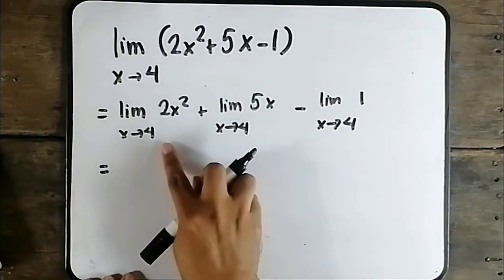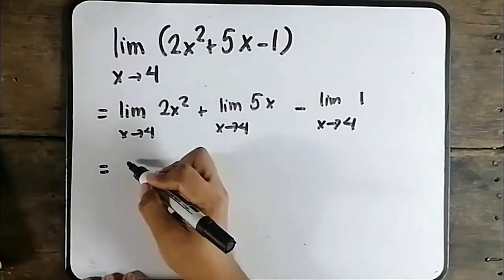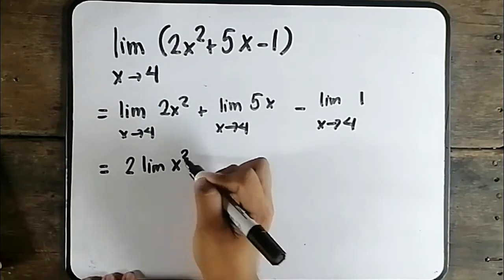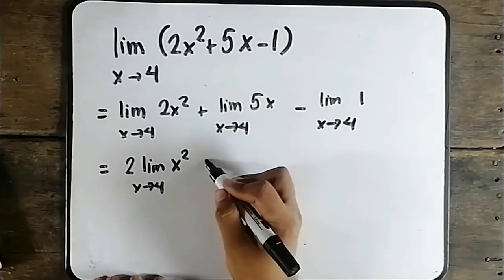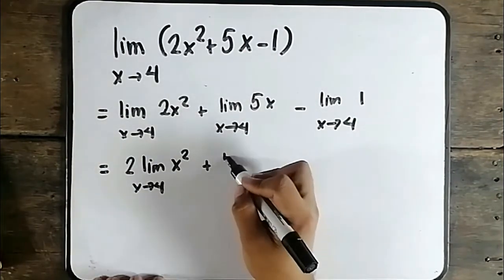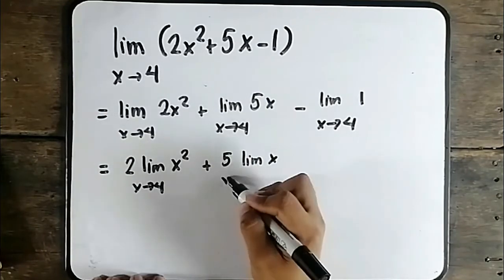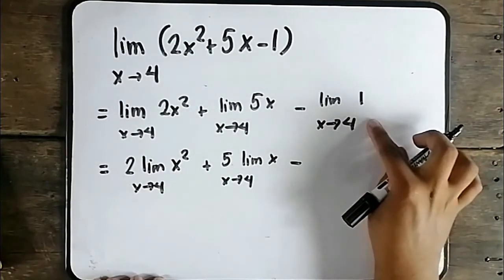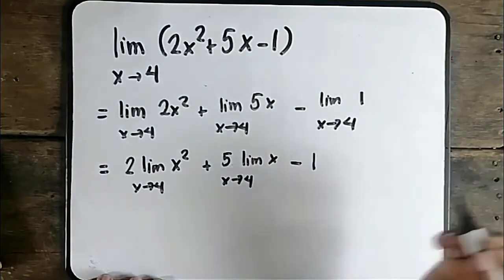So ito, by theorem 4, okay, pwede natin siyang gawing 2 times the limit of x squared as x approaches 4 plus, theorem 4, 5 times the limit of x as x approaches 4 minus, ito by theorem 2, this is just equal to 1.